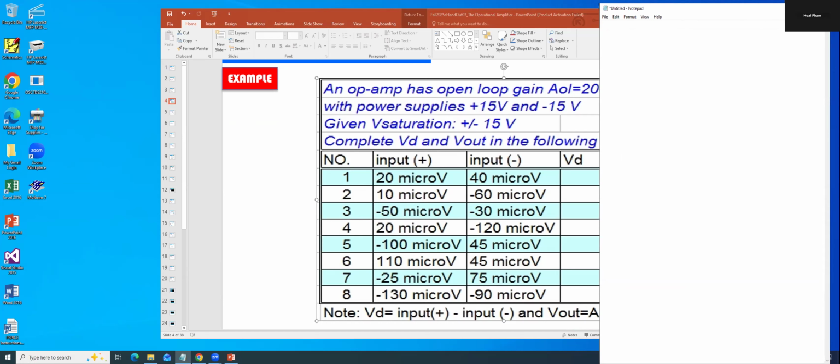So number 1, okay? VD equals 20 minus 40, which equals minus 20 microvolts. Okay, I'll try to make it bigger.